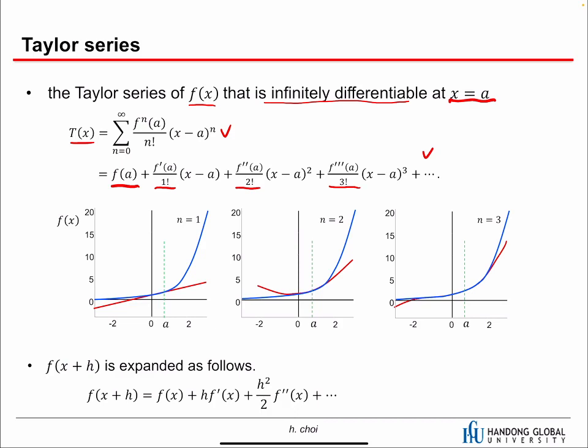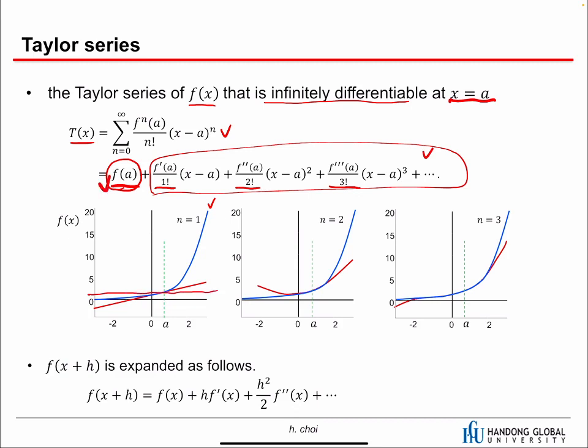So in this example, this is the function f of x. If we take the first term of this Taylor series and ignore all the other terms, then the approximation is just a constant line. This is the evaluation of function f at the specific location a.